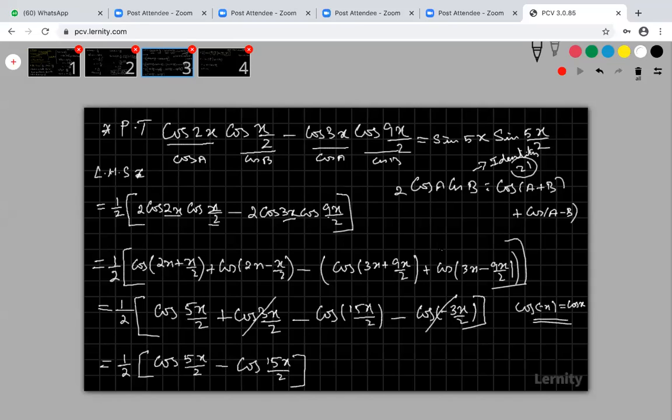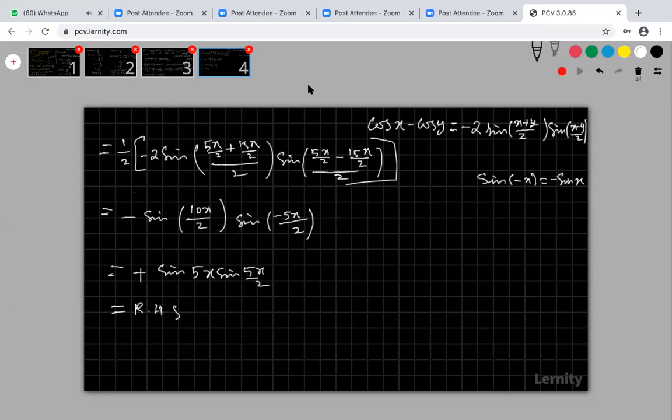Please don't confuse these two properties. First of all, go through all the properties, that is very important. Without properties, you are not able to answer any question in trigonometry. Please try to understand.